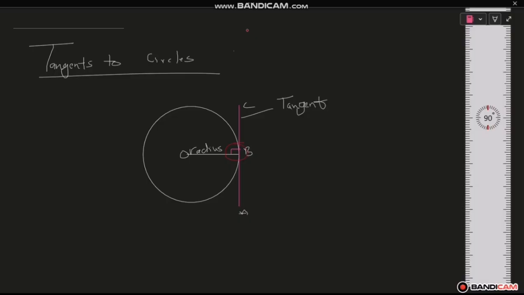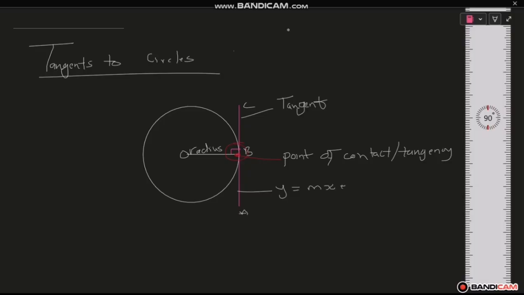So what you must know about point B is that it is the point of contact, or the point of tangency, where the line touches the circle at one point. So B is the point of contact, and its coordinates will be given.